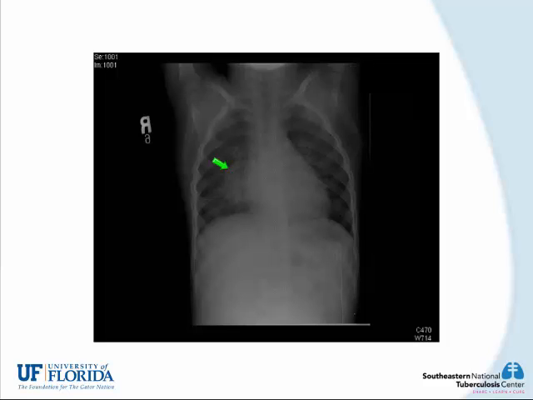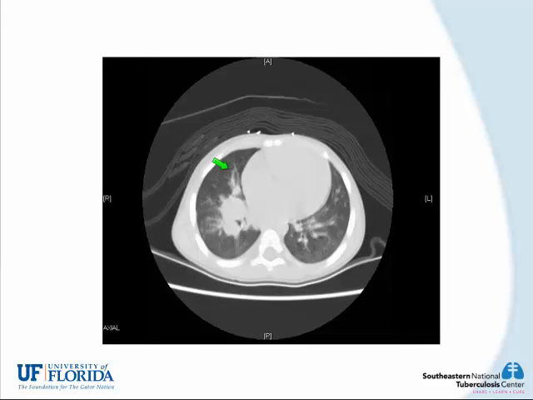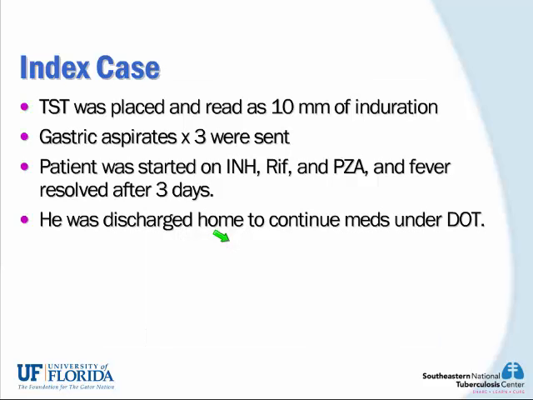So the CT scan was performed, and I'm just showing you one part here that shows there were significant hilar lymphadenopathies on the right side, and one of the lymph nodes was so big that it was compressing the right main bronchus. So based on this, we decided to evaluate him and expand the differential diagnosis.